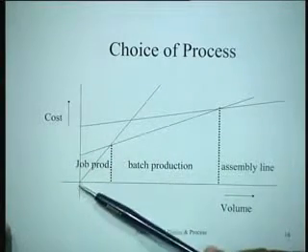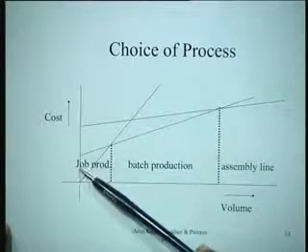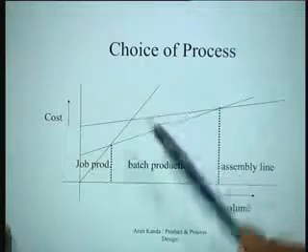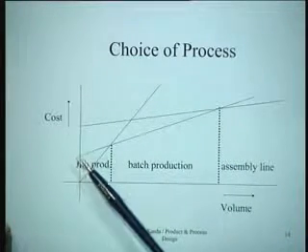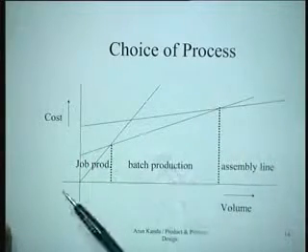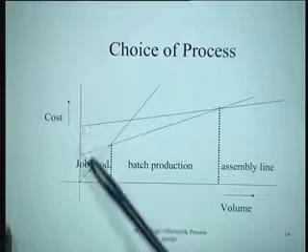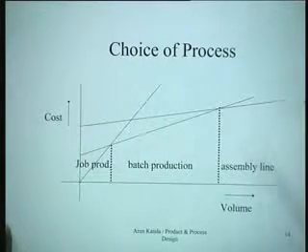For instance, at the initial stages you might want to just buy items directly, so there is no fixed cost, and you have something like this. For batch production you might have to set up a small facility and the unit variable cost will come down, or you might set up an assembly line at a much higher cost, which is the fixed cost, and then you have a situation like this.